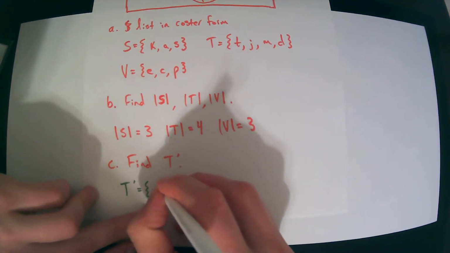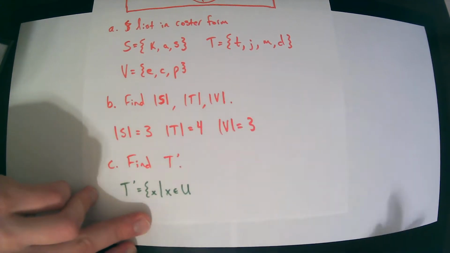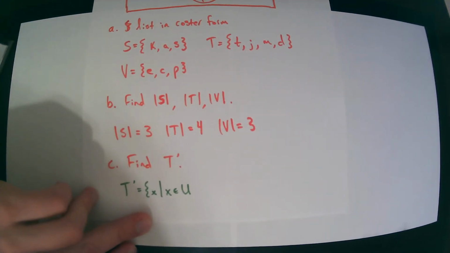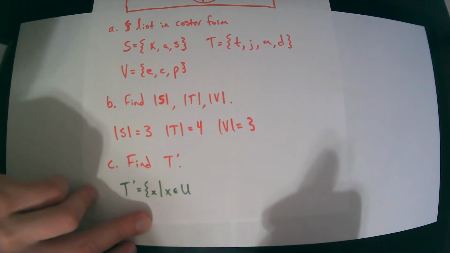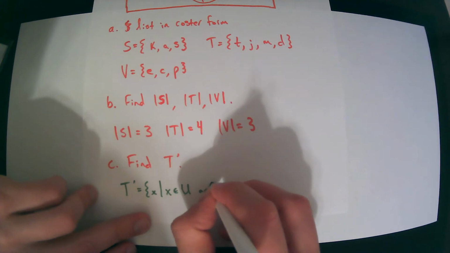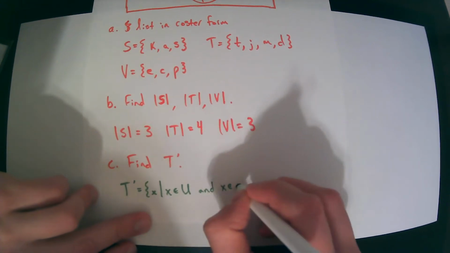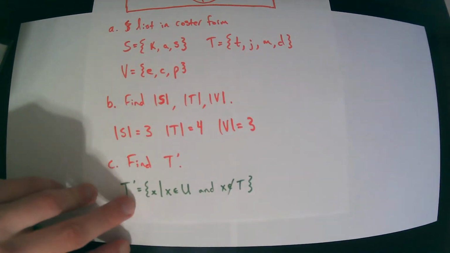X such that X is in U, so X is an English alphabet letter, because that's what the universal set is here. And X is not in T.